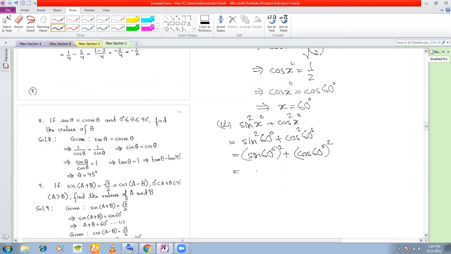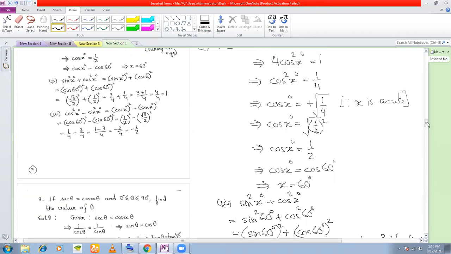Now, how much is sine 60? Root 3 by 2. Cos 60 is how much? Half. So this is root 3 square by 2 square. This becomes 3 by 4, and this becomes 1 by 4. Now take the LCM. 3 plus 1 by 4 is equal to 4 by 4, which is equal to 1. So sine square x plus cos square x degree is 1. We have answered the second question also.